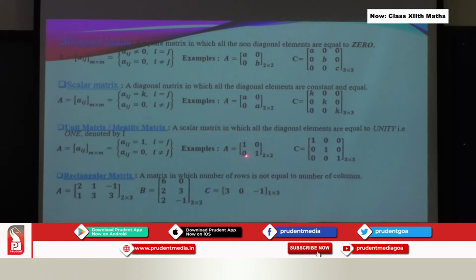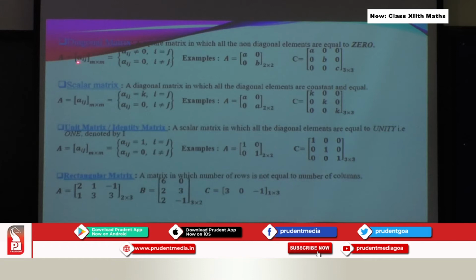Okay, so this is a square matrix of order 2 which is a diagonal matrix, and that's why here it is a unit matrix. Why? Because along the diagonal you have the entries as 1. Now look at this here. It is a square matrix, it is a diagonal matrix, it is a scalar matrix, and on top of it, since the entries are 1, you have it as an identity matrix or unit matrix. Let us proceed further.